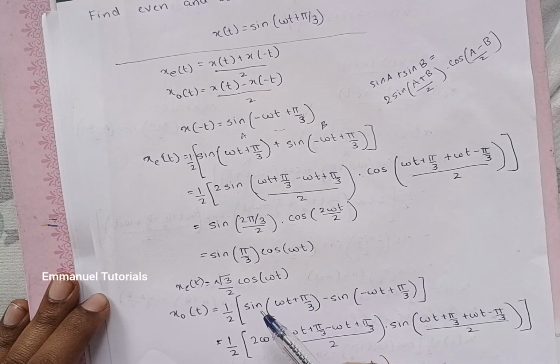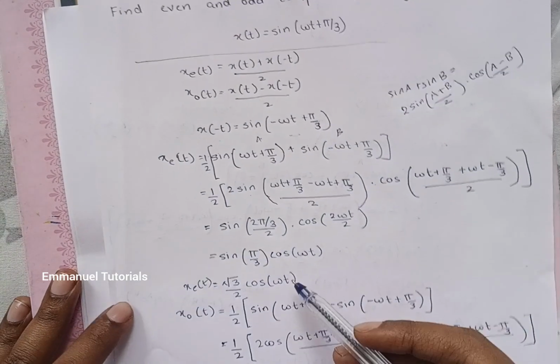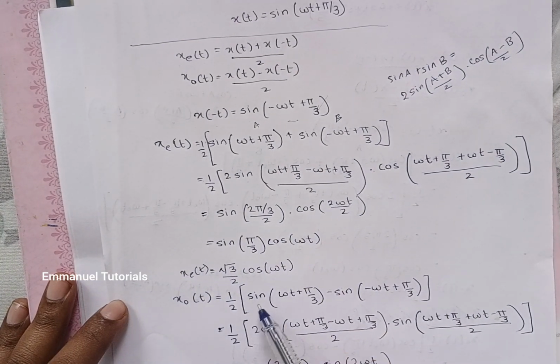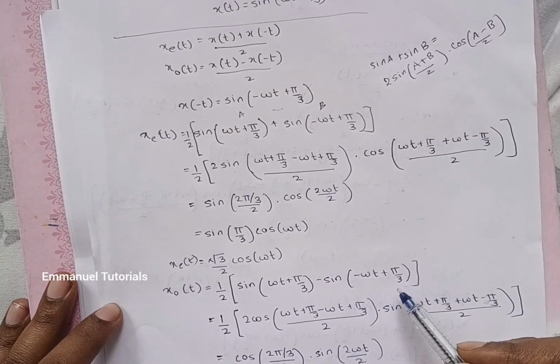Now for the odd part, we'll be subtracting instead of adding. So here what we have written is half sine omega t plus pi by 3 minus sine minus omega t plus pi by 3.